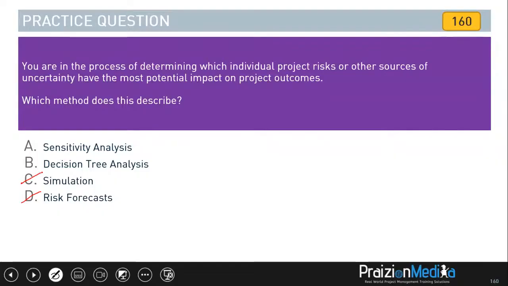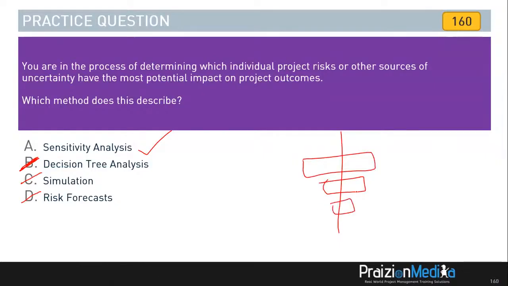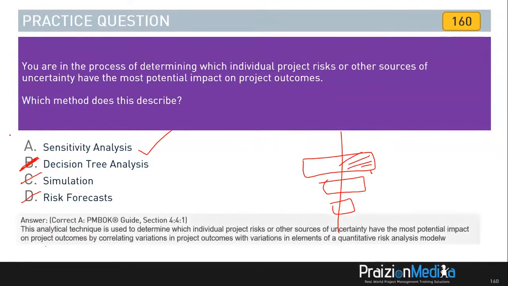It's also not decision tree analysis, even though one could argue that that could give some insights. But the very best answer is sensitivity analysis. Remember, we talk about the tornado diagram and how that is an example of sensitivity analysis. The length of the bars show you which risks are most sensitive. In other words, which of these risks could greatly affect the project most? So the answer is A.